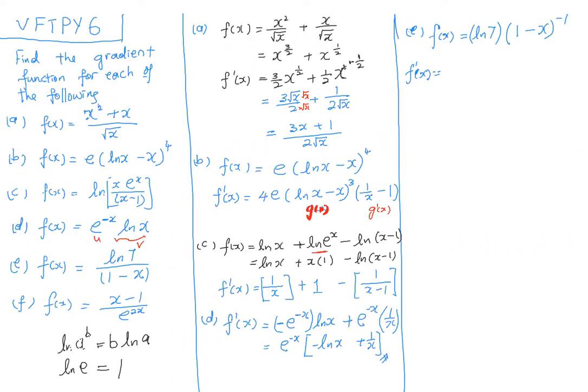Like here, you look at B. This is a number, correct? So you see, ln 7 times -1. So we just take ln 7 as a number. It is not natural log terms. So times -1.